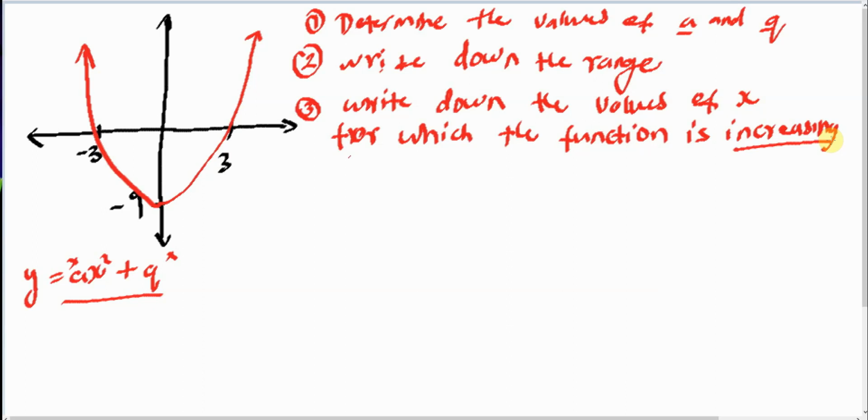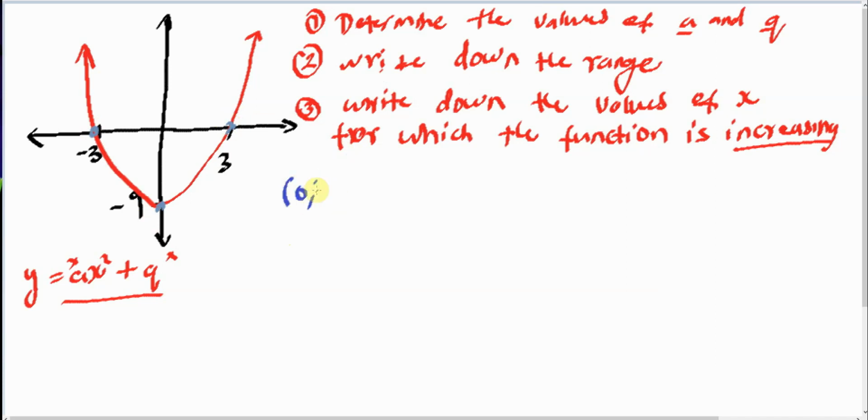Now I know the last one is a bit new from what I've been talking about, but we'll see how to work around it. You need to look at the points that you are given on the graph so that you will be able to find the values of a and q. Technically here you can see that you have a point which is 0 and -9.